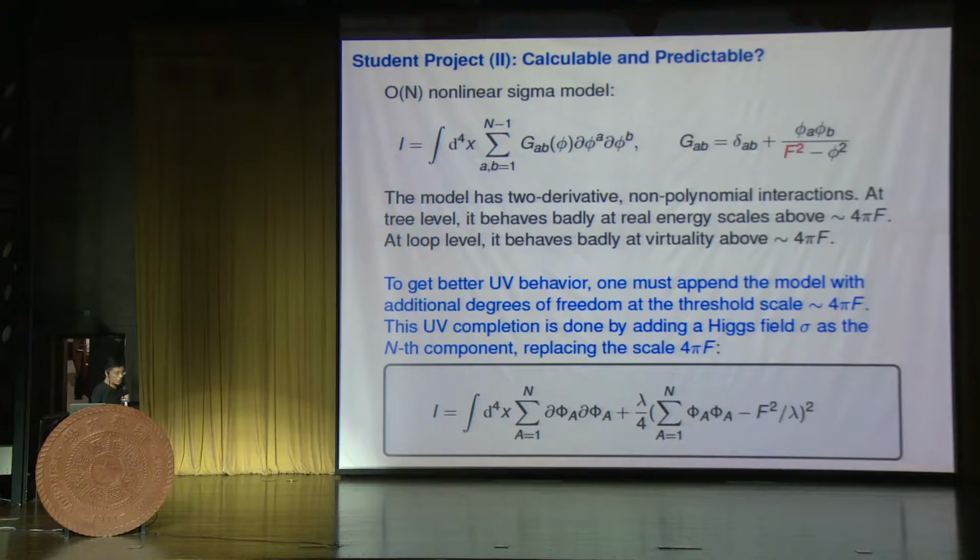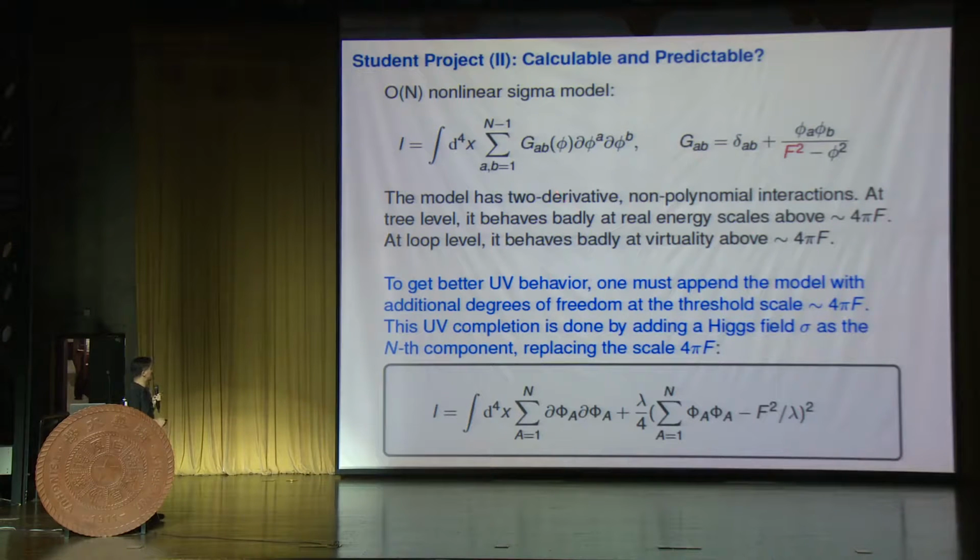So I asked him, is there any way you can improve this one such that it has a better, softer UV behavior? And again, he came back with a nice answer. To do that, all you need to do is to introduce one more degree of freedom, which is a Higgs field.